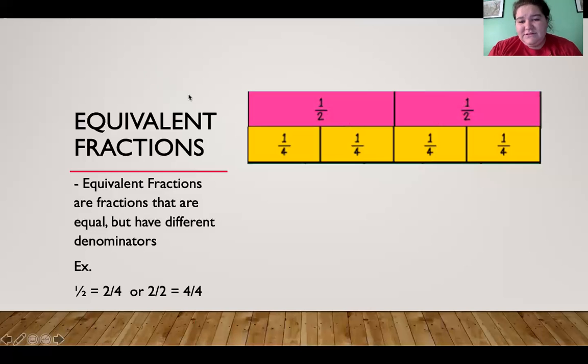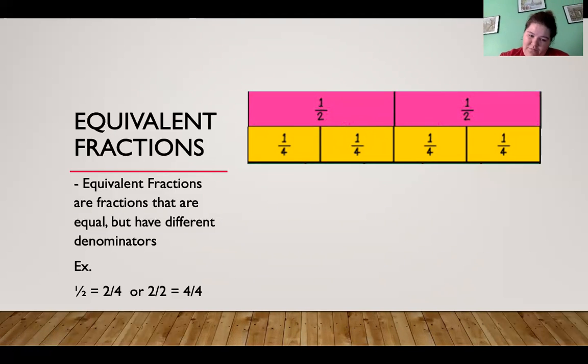So I'm comparing 1/2 and our 1/4 again, right? So how many fourths does it take to line up with 1/2? Well, let's see. 1/4 is right here. It's 2/4. Boom, it's all lined up. The lines are equal.